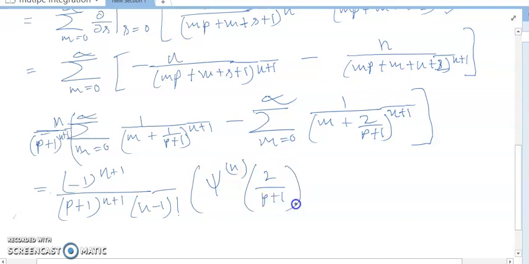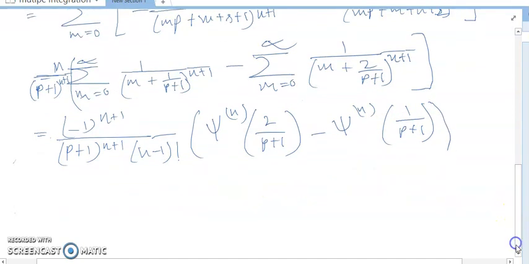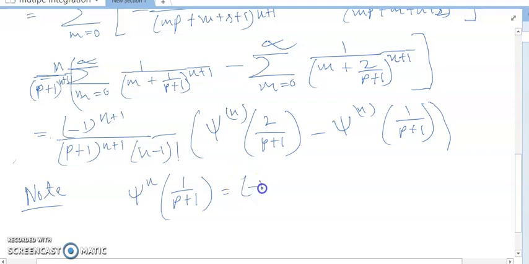So, important note: what is the formula? The formula is digamma of order n at 1 by p plus 1 equals minus 1 to the power n plus 1, n factorial, summation m equals 0 to infinity of 1 by (m plus 1 by p plus 1) whole to the power n plus 1.